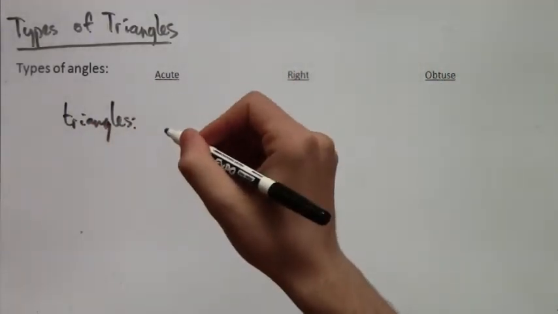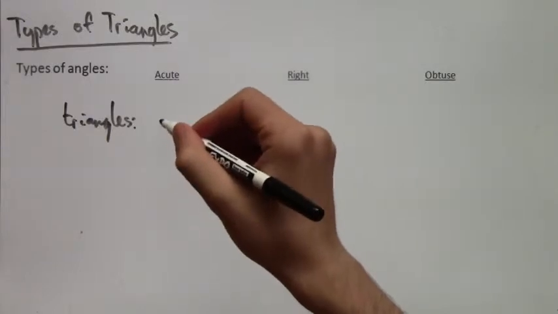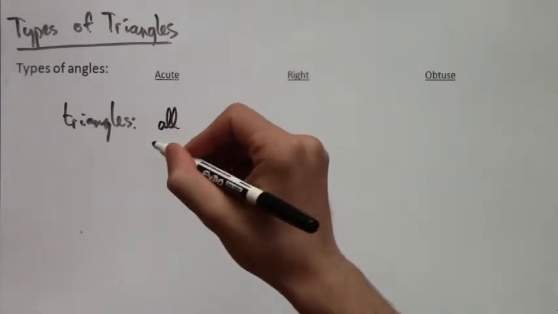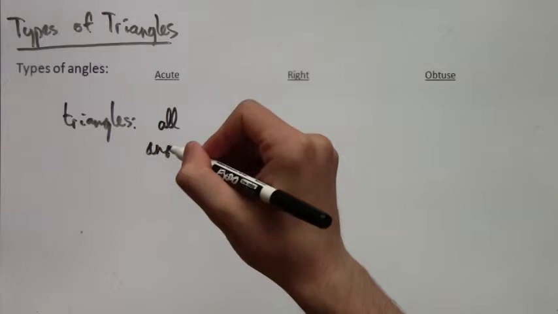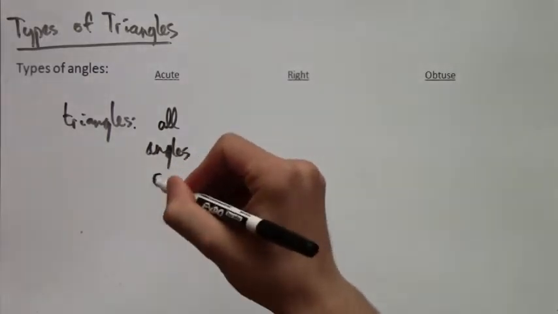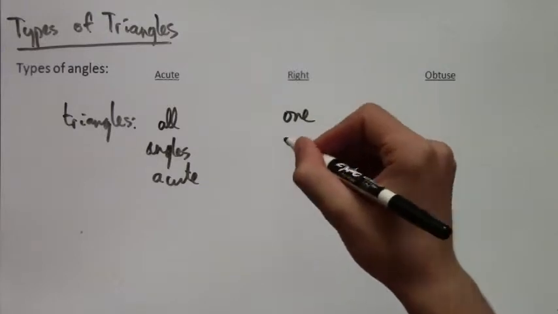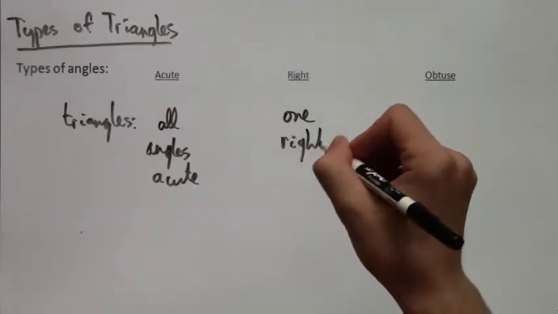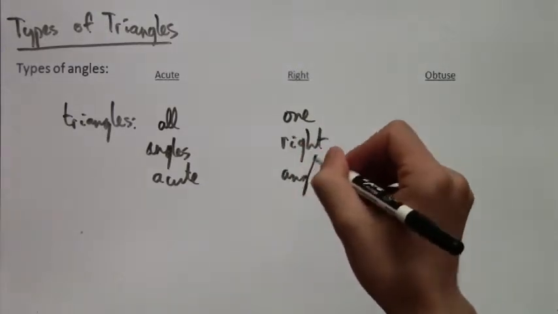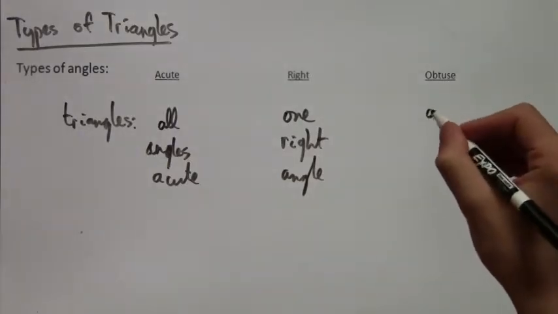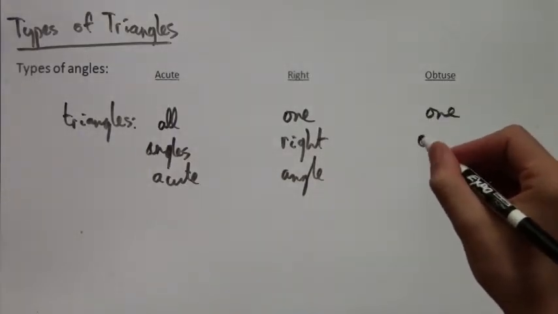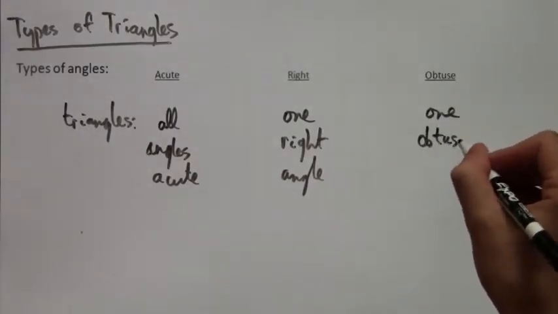An acute triangle is a triangle which only has acute angles. So all three angles in the triangle are between 0 and 90 degrees, not including 90. A right triangle has exactly one right angle. An obtuse triangle has exactly one obtuse angle.